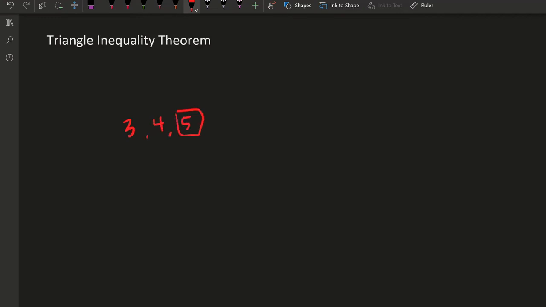Well, the way I like to think of that is if I take the 5 right here, and then I put a 3 here and a 4 here, will they be able to touch each other? So if I knock down this 3 and put it there, and then I knock down the 4 to put it there, will they be able to meet? So in this case, yes, they can.